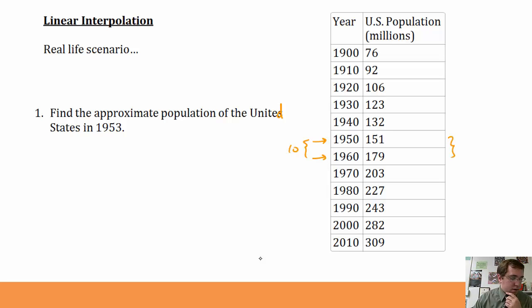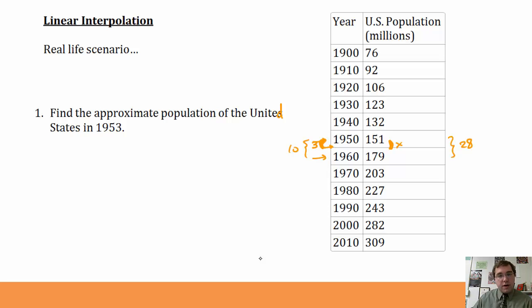The population in that time goes up by 28 million. Somewhere in there is 1953. And the gap between 1950 and 1953 is 3 years. So there is some gap between 151 and the population in 1953. So we'll call that X.